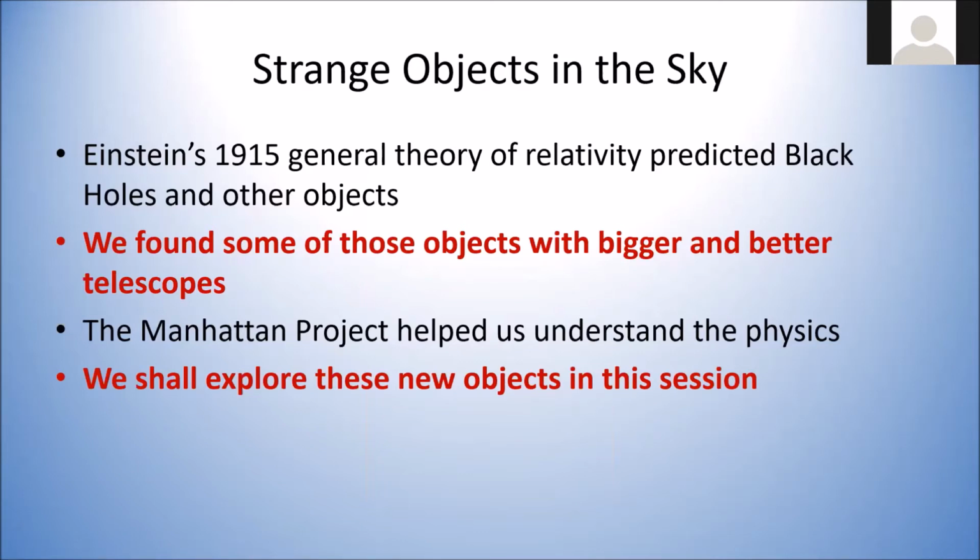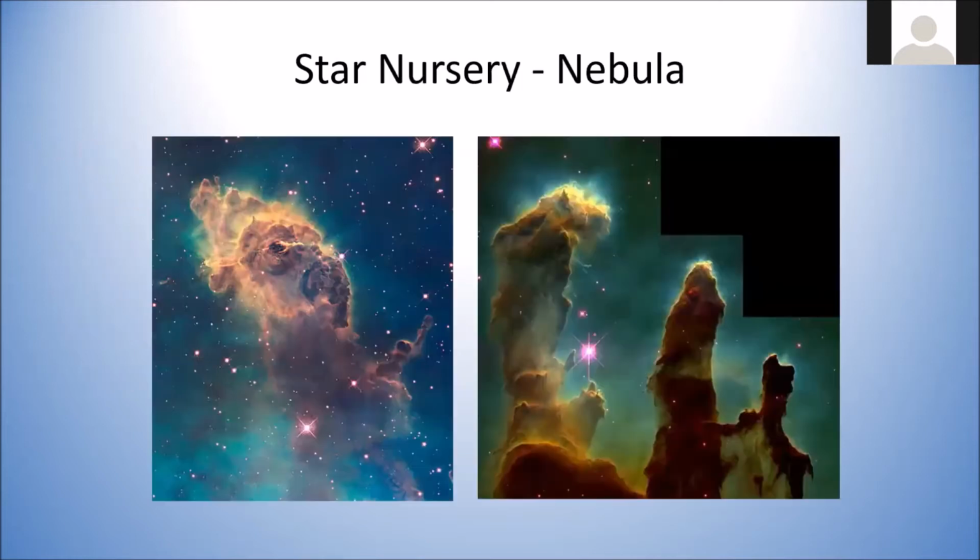We found some of those objects as we got bigger and better telescopes. During the Manhattan Project, the work that we did there in understanding the physics of the atomic bomb helped us understand how these objects in space actually function. So we shall explore these new objects in this session.